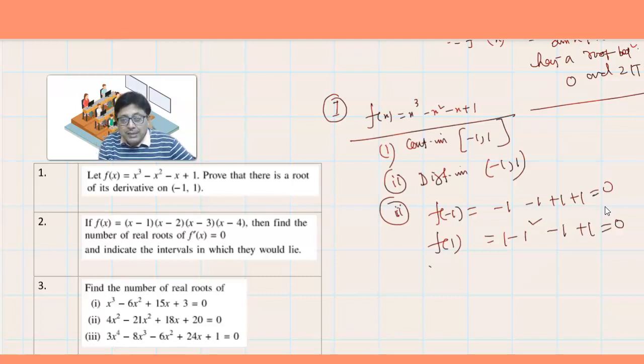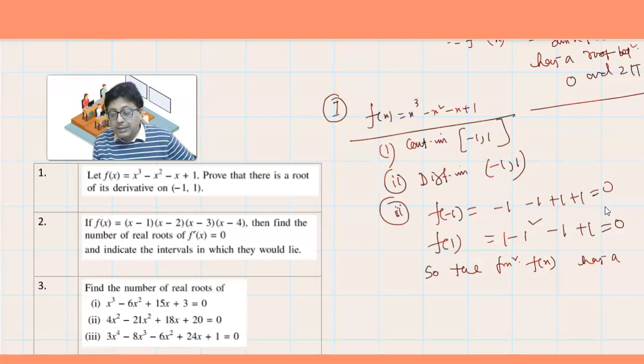So we can say that the derivative of the polynomial function f(x) has a root between minus 1 and plus 1.